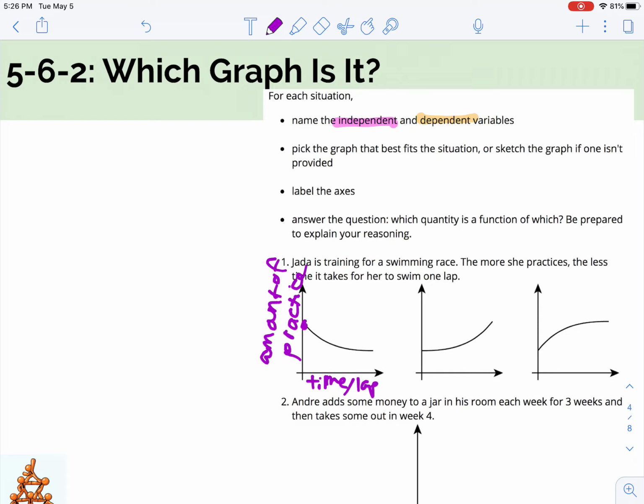And then as she practices more, her time gets faster. So that's like this gap is shorter because her time is getting faster and her practice time is getting less. So it'd be this one.